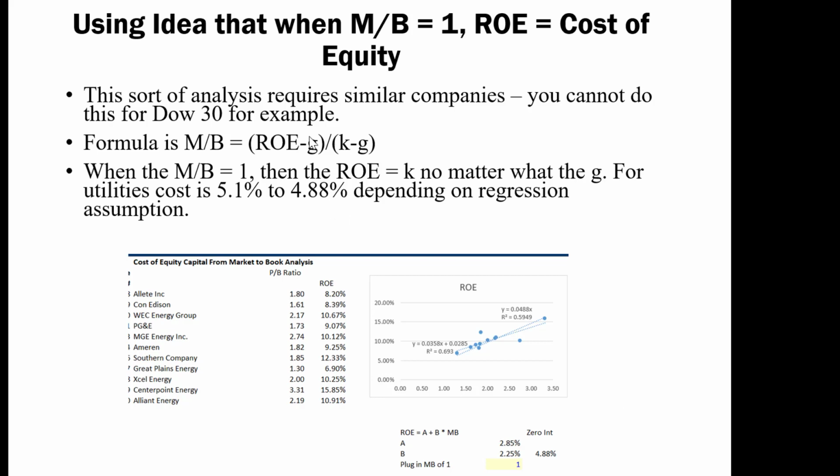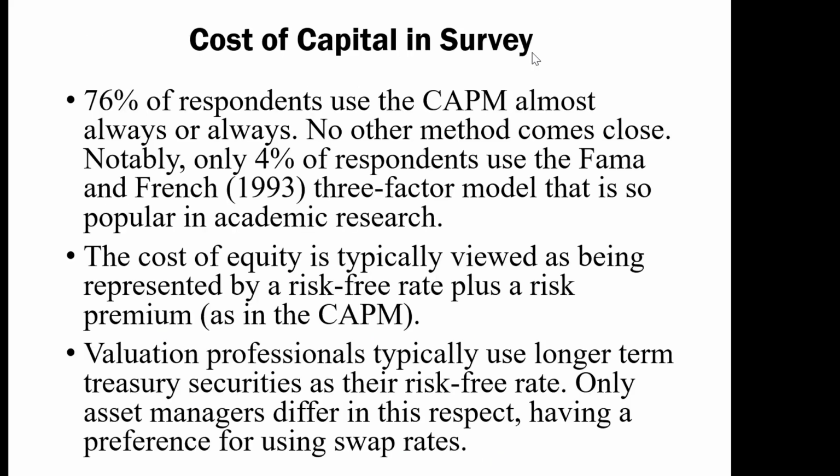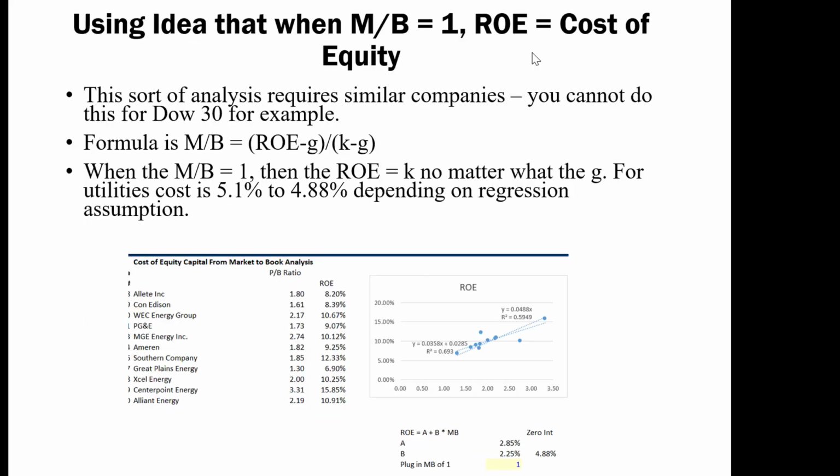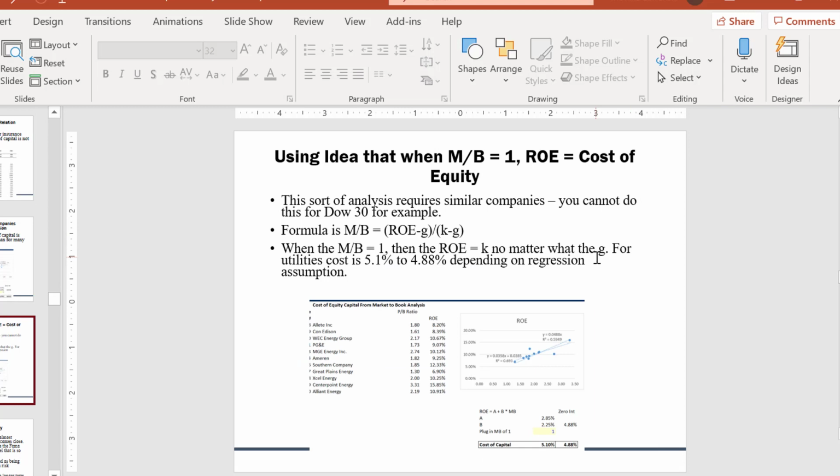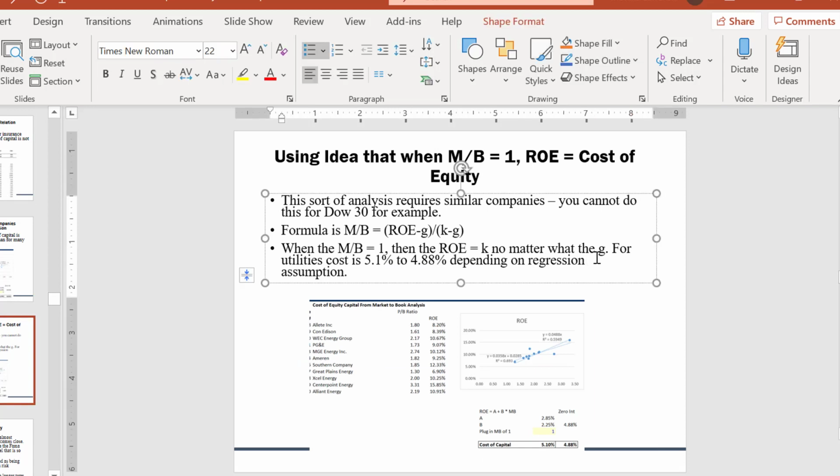Okay, we could also rearrange this formula, which I didn't do. You could rearrange this formula and get that K equals ROE divided by G divided by market to book ratio plus G. I should have, let me do that. Let's do one thing at least here. Let's make sure.